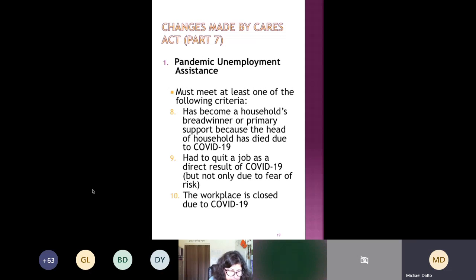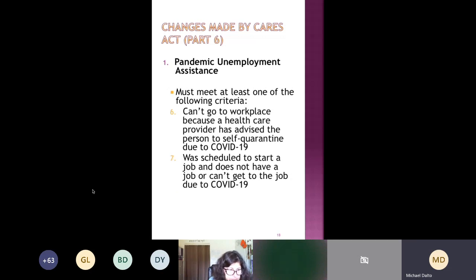Now, on the other hand, there was another reason here that I think a person might take advantage of if they had a healthcare provider who supported them. And that's reason number 6. Can't go to the workplace because a healthcare provider has advised the person to self-quarantine due to COVID-19.